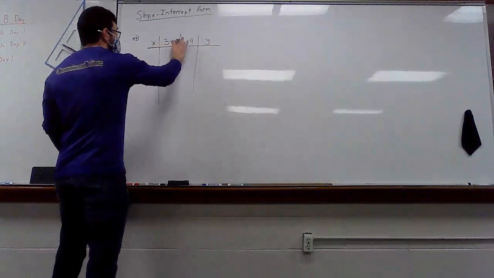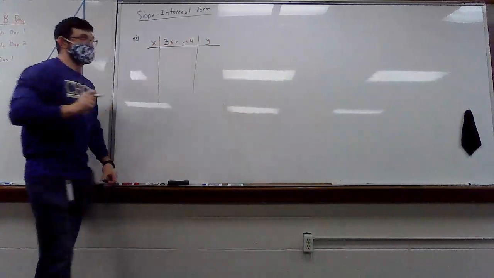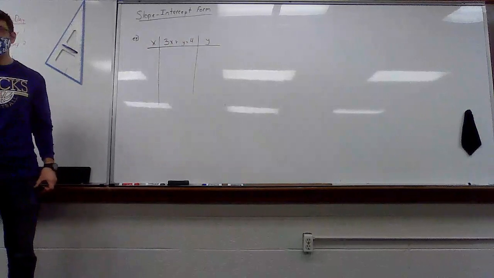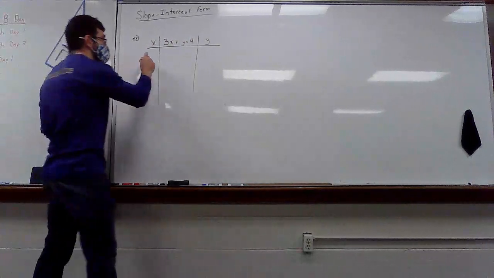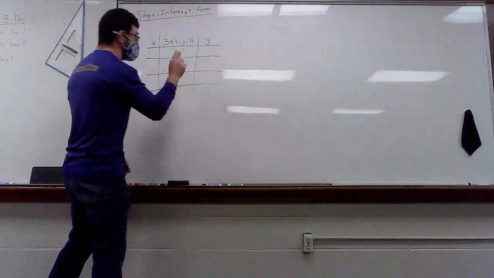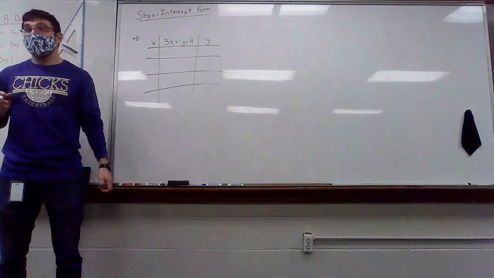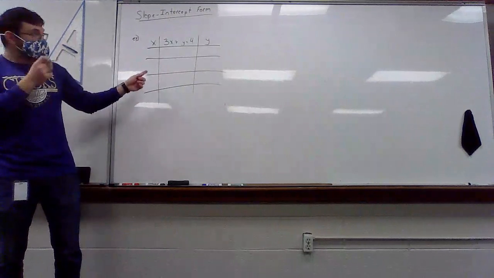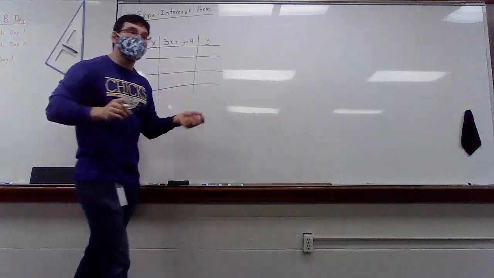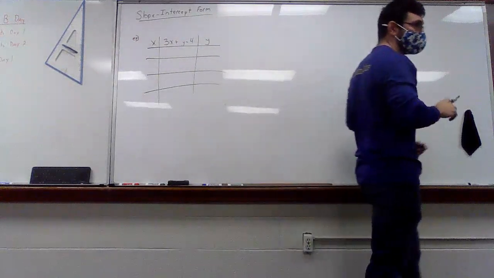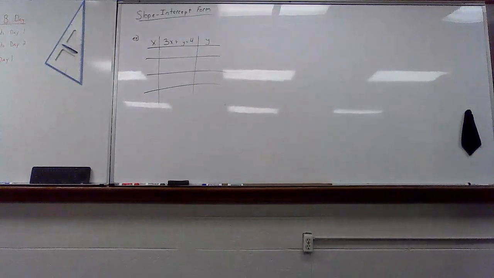And it's actually been something more like this: 3x plus y equals 4. We've had to substitute numbers in and solve, right? That's how we've graphed before, because we found our ordered pairs, and then we've graphed. This is too much work. Slope-intercept form is the easiest way to graph a line.